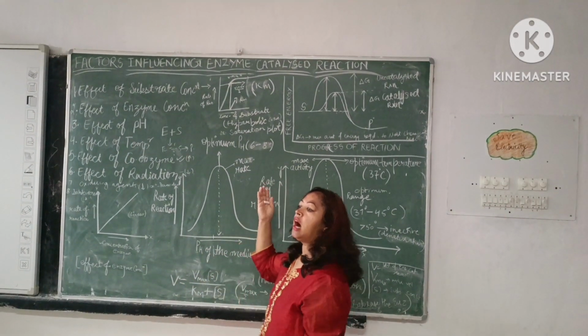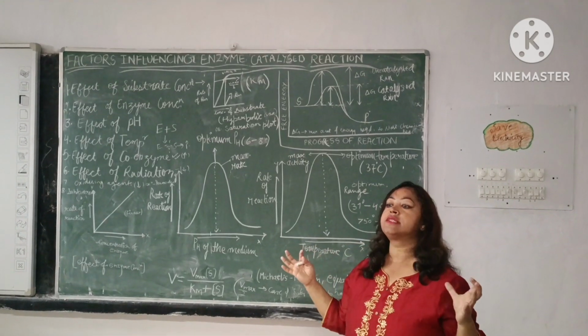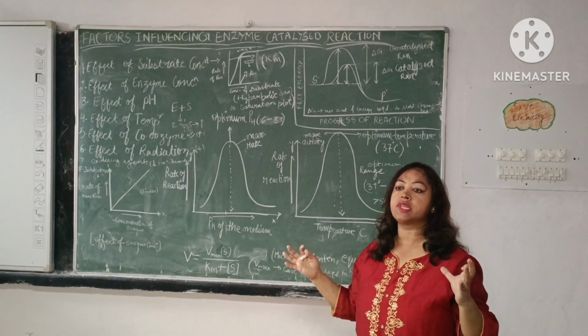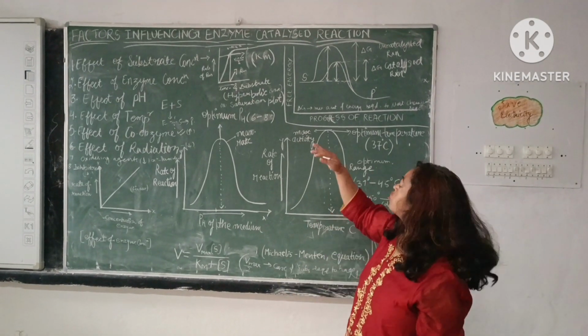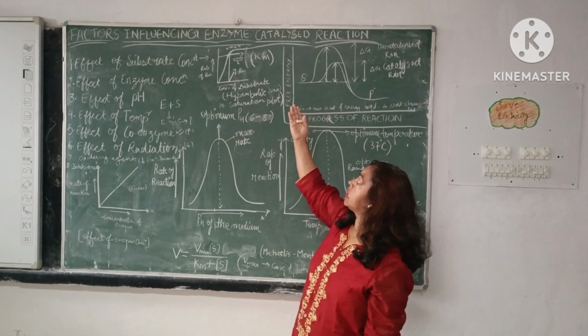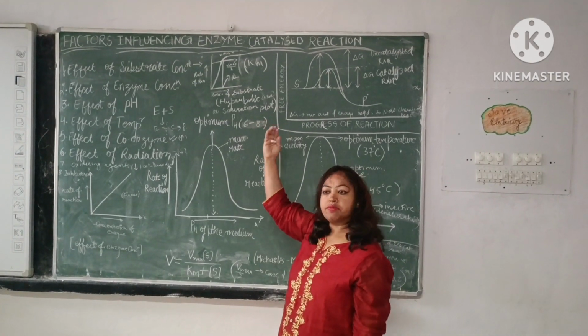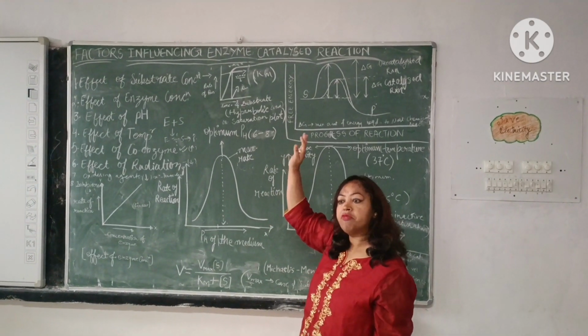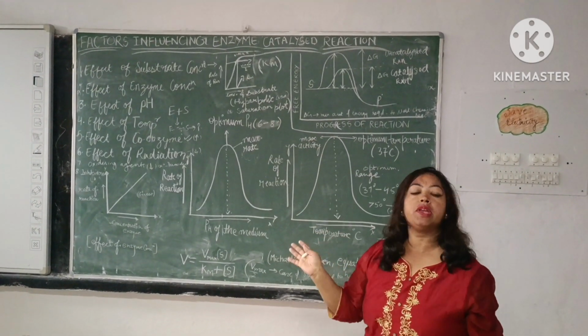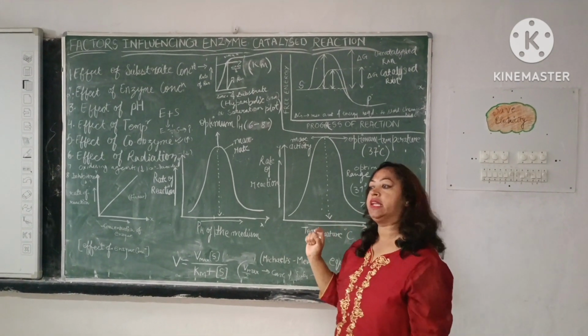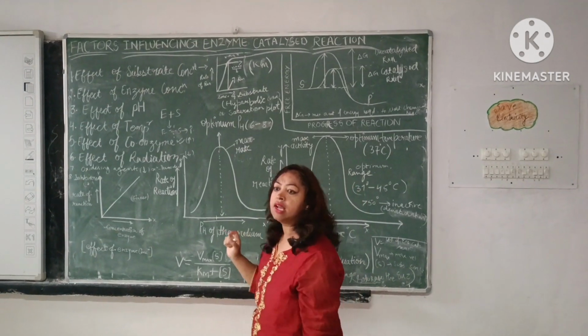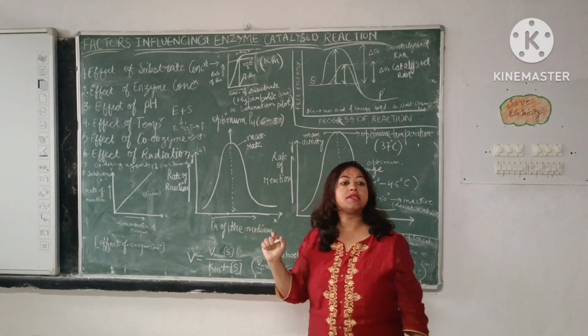That means after this, all the enzyme active sites are fully saturated with the substrate. So as soon as we increase the substrate concentration after Vmax, there will be no effect on the rate of reaction because all the active sites of enzymes are saturated with the substrate.